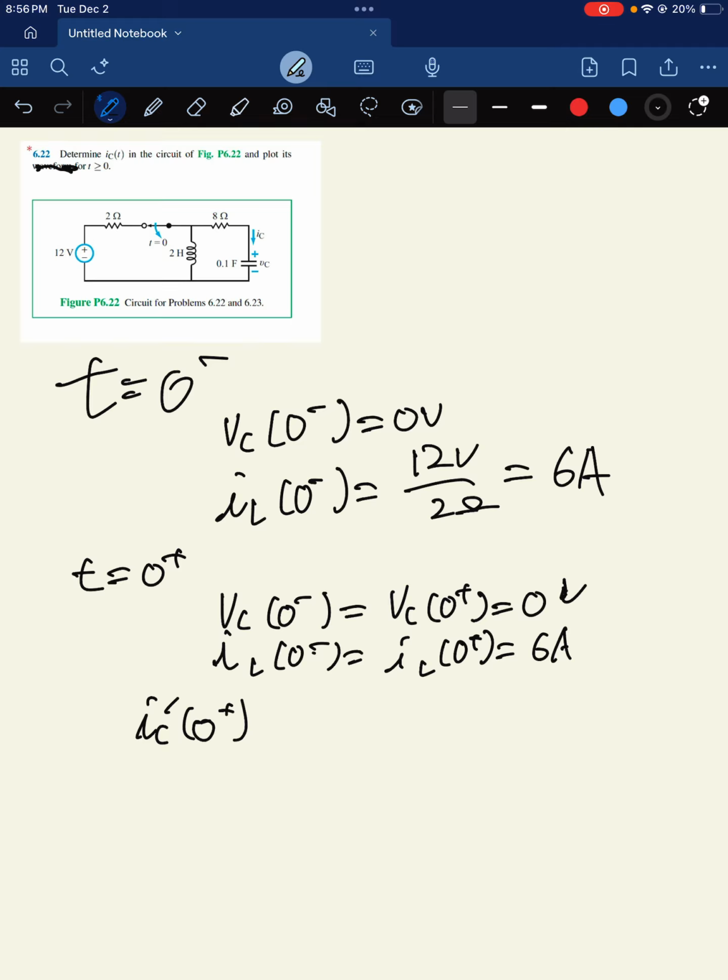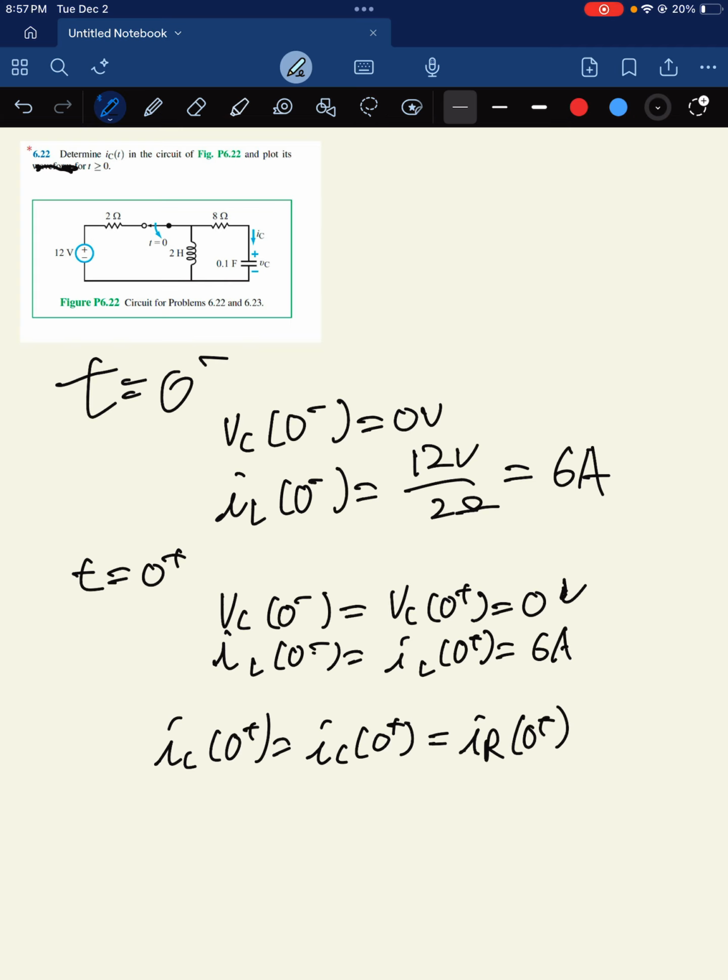But I want to mention that since these components are all in series, they share the same current. So IL 0 plus is equal to IC 0 plus is equal to IR 0 plus, right?